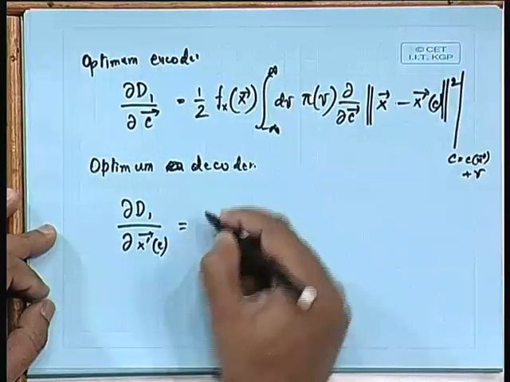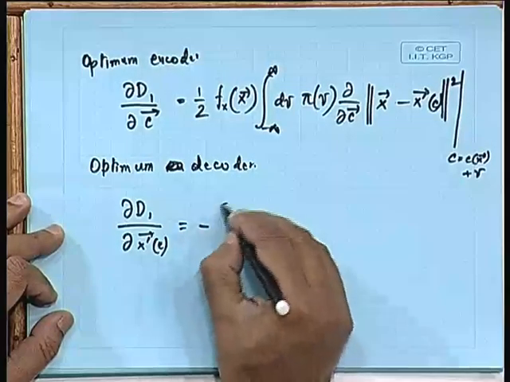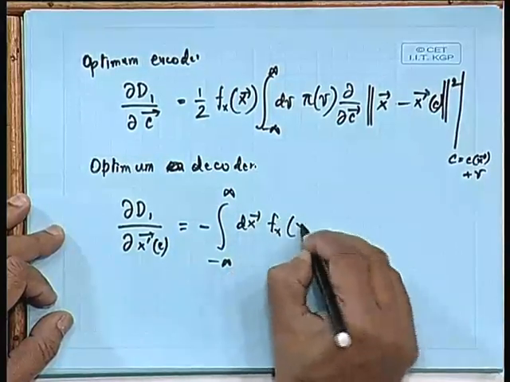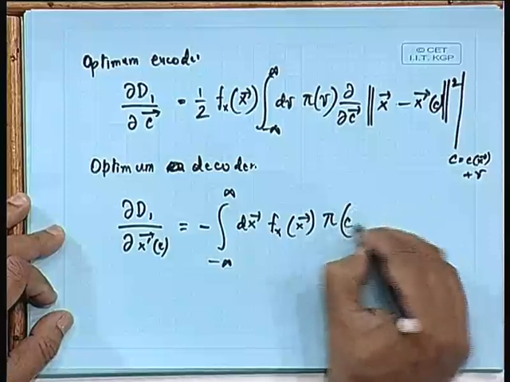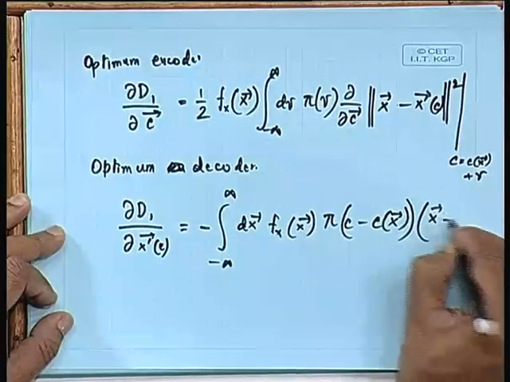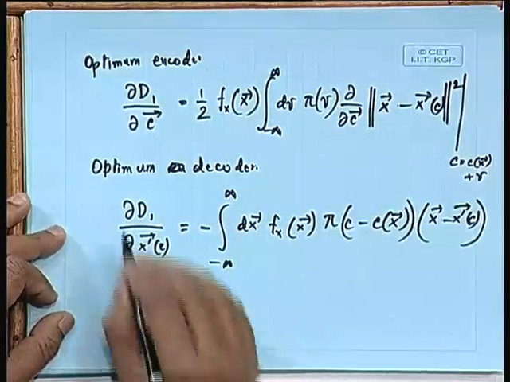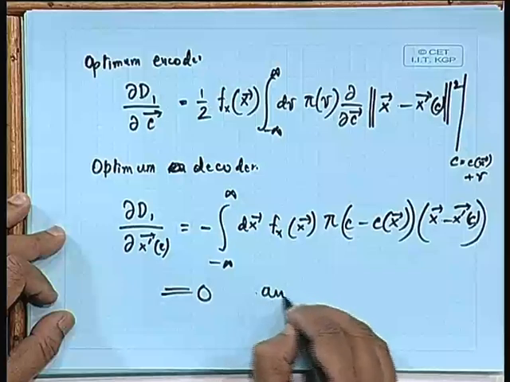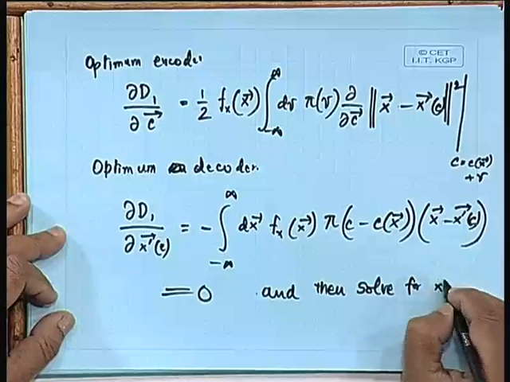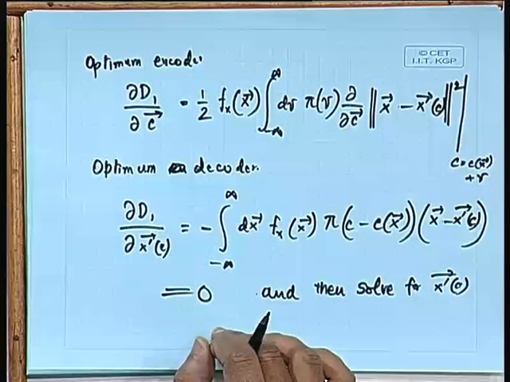So, dou D1 by dou x prime C's expression is again evaluated from this integral expression itself, and is equal to minus integral minus infinity to plus infinity dx f_x(x) pi of C minus Cx vector, multiplied by x minus x prime C. So, we set this to 0 and then solve for x prime C. So, we first solve for the encoder and then for the decoder.